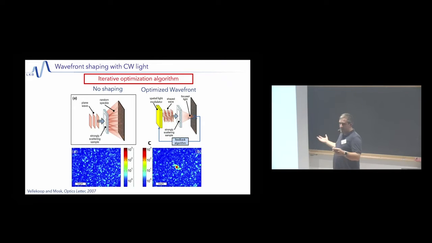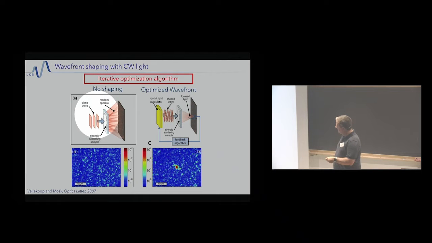I think many in the audience have seen this picture already, but some may not, because there is a very wide audience. And I still really want to point out this absolutely seminal paper from Allard Mosk and Ivo Vellekoop, where they used exactly this technology of spatial light modulator.